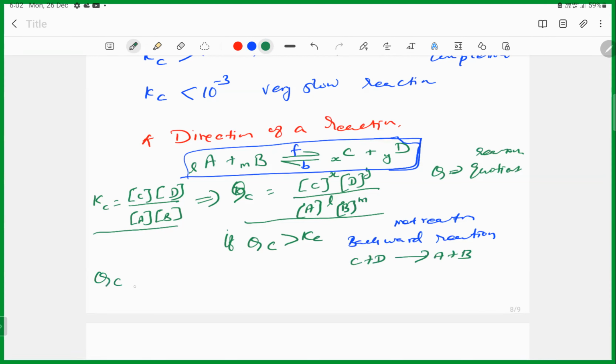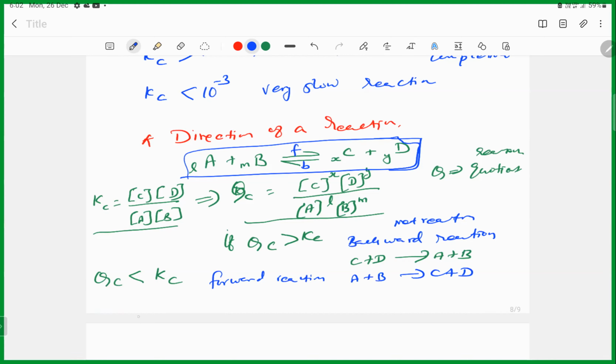Okay. Qc is less than Kc. Then how will the reaction be? Qc is less than Kc. Sir, x plus y is equal to l plus n. No ma, if Qc value is like this, the forward reaction takes place, then the reaction A plus B gives C plus D will be at maximum. Okay?